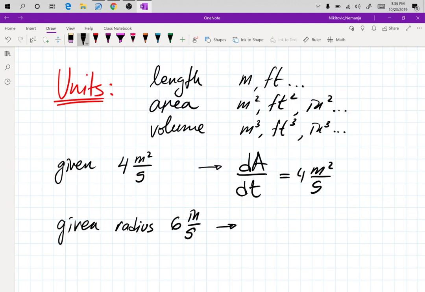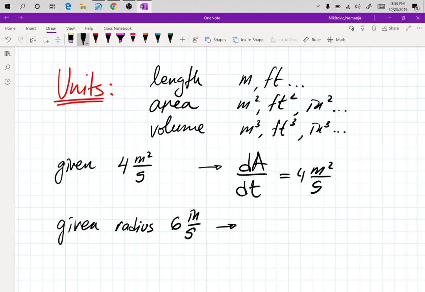Okay, we'll use dr because radius is r. dr/dt. It's a rate because you have 6 inches per second. If you just say given radius 6 inches, then r equals 6. That's all.